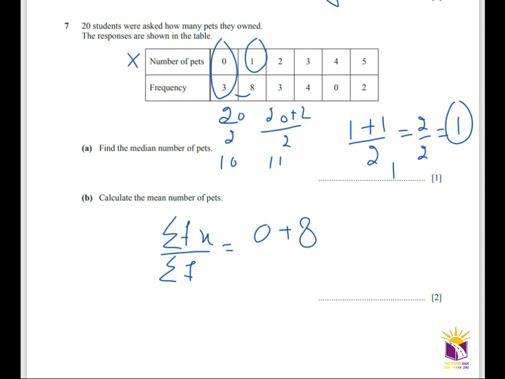This is your x and this is your f. 2 times 3, 6. 3 times 4, 12. 4 times 0, 0. 5 times 2, 10. And the total frequency is 20. Now we are going to add 8 plus 6 plus 12 plus 10. 20, 30, 36 by 20.